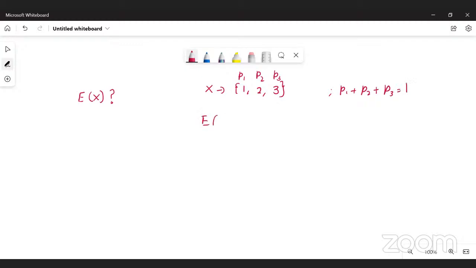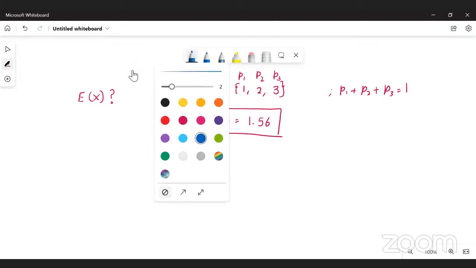Now, if I say that the expected value of this random variable is 1.56, what does this 1.56 tell me? What are you defining X as?